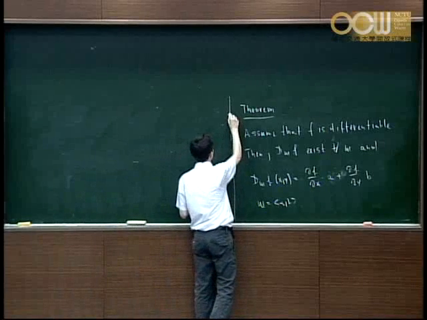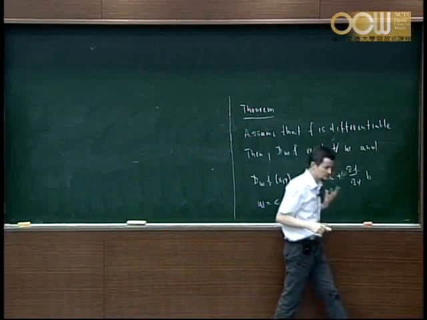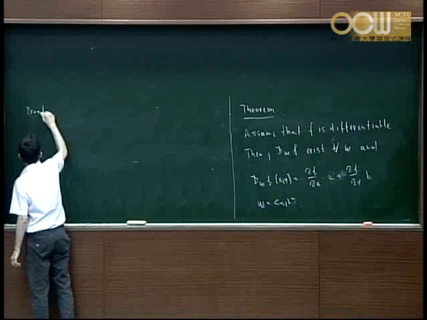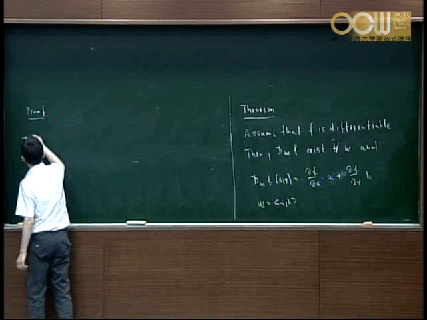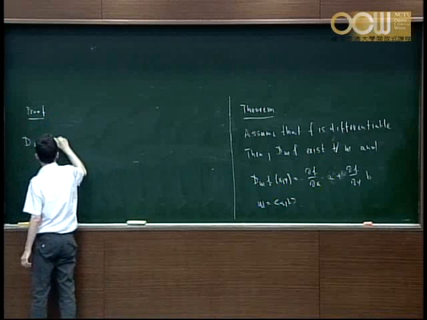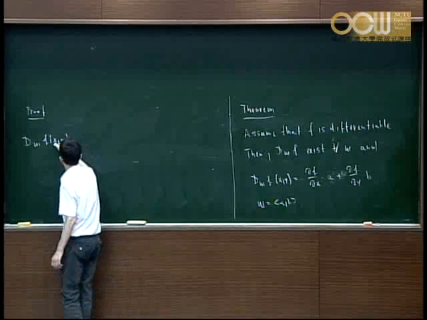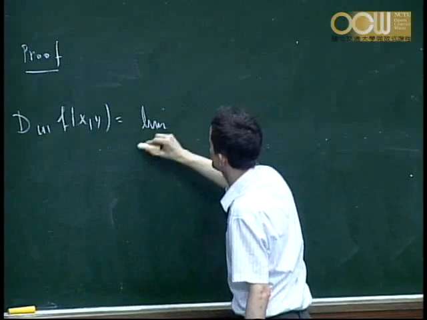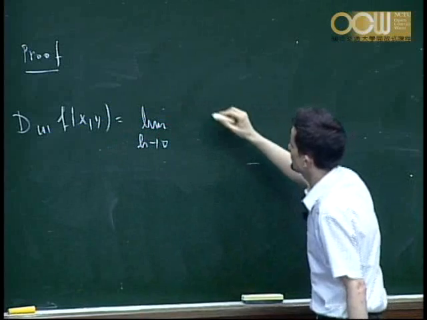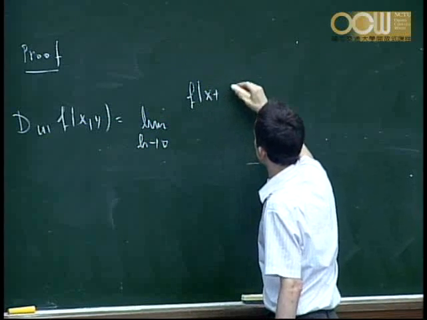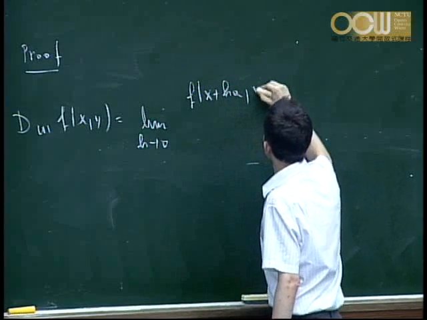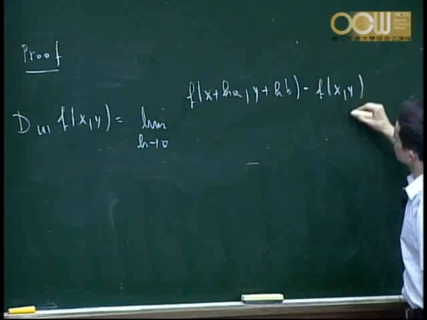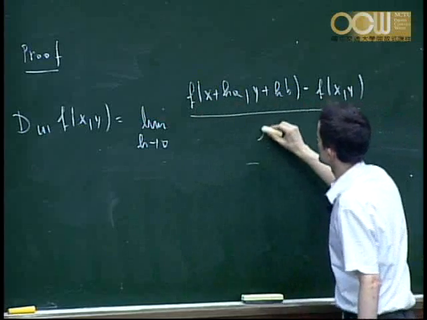Now, the proof of this result actually is just a chain rule. By the definition of the directional derivative, let's fix a point. So we have the limit as h tends to 0 of f of x plus ha, y plus hb, minus f of x, y, over h.